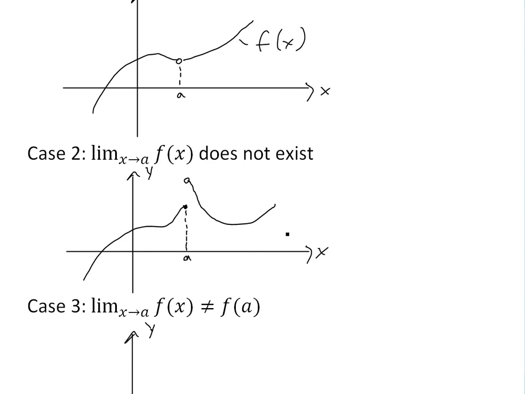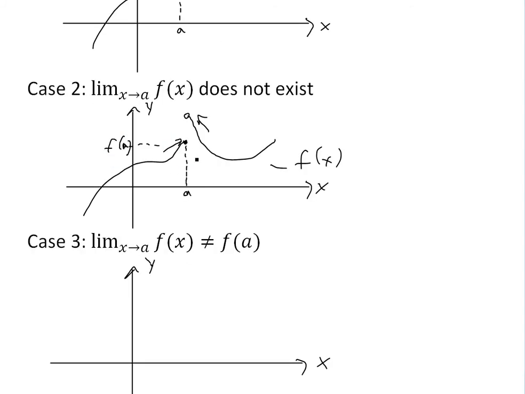So it's a two-part function. The limit does not exist because the left-hand limit and the right-hand limit don't correspond to the same value. This is the limit as x approaches from the right side, and this as x approaches from the left side. So this is not continuous. This is another form of discontinuity.